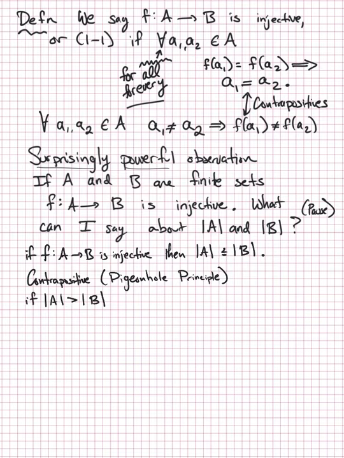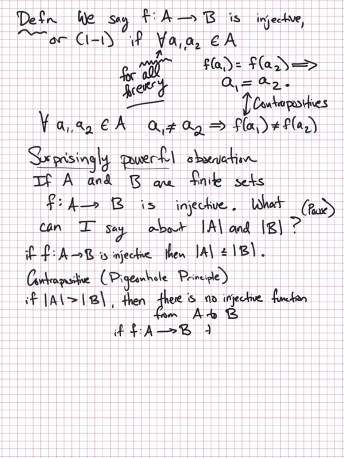So the contrapositive of that is, if the cardinality of A is strictly greater than the cardinality of B, then there is no injective function from A to B. And so what this means is that if I have a function from A to B, then there exist a1 and a2 so that f of a1 is equal to f of a2.